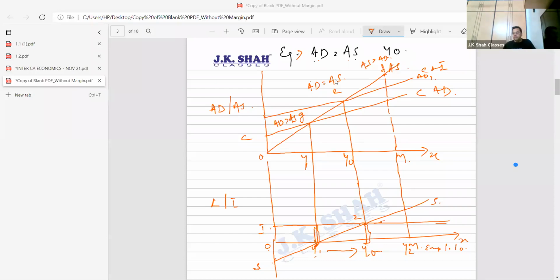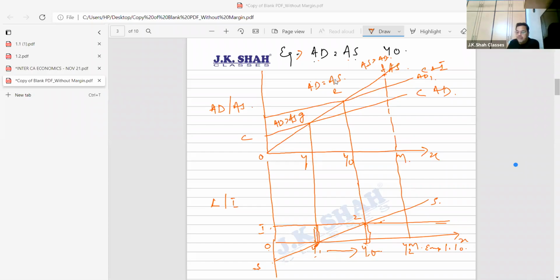Full stop. Last line. Thus, equilibrium takes place at a point E which is less than the full employment level.